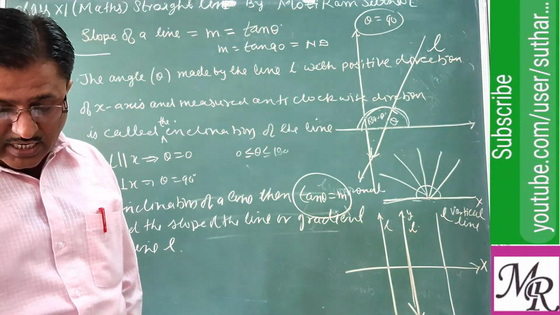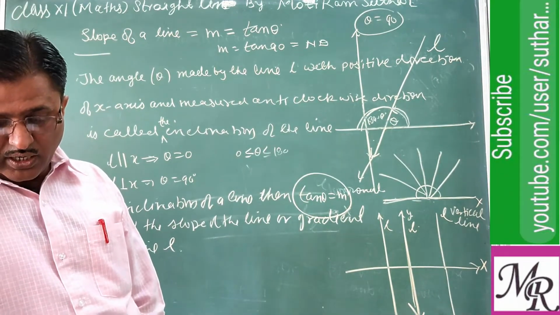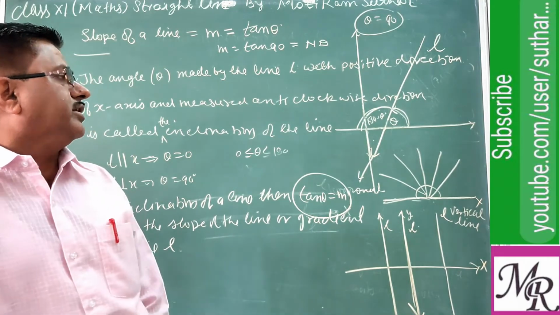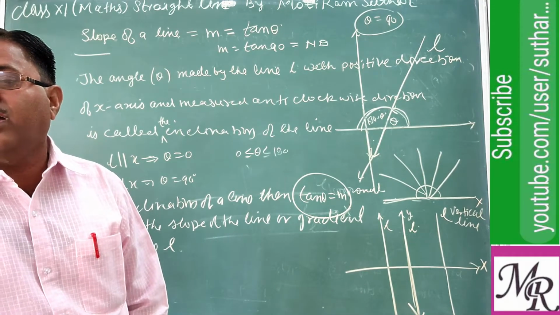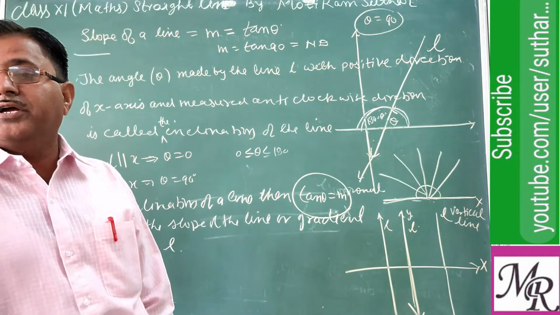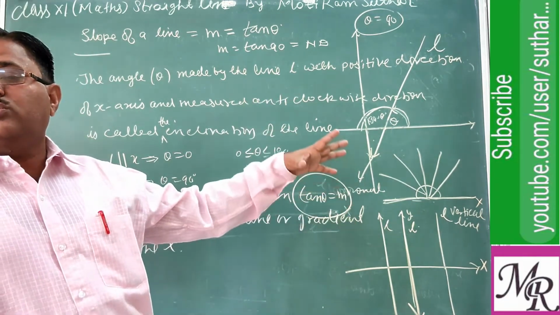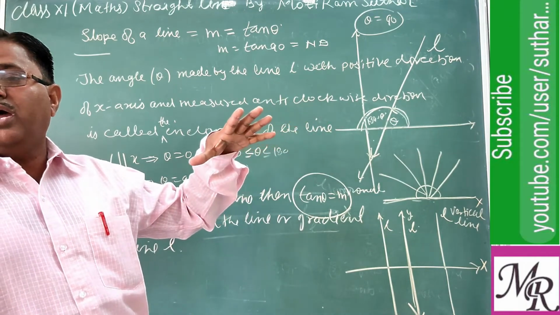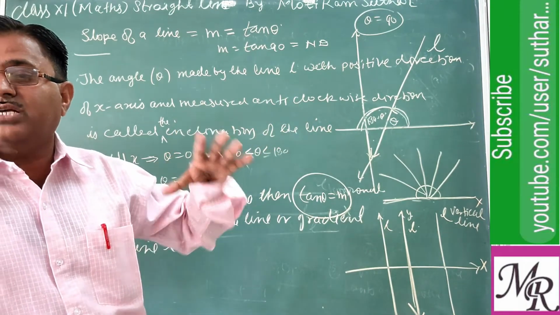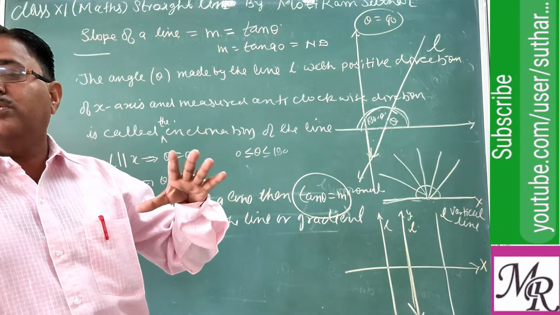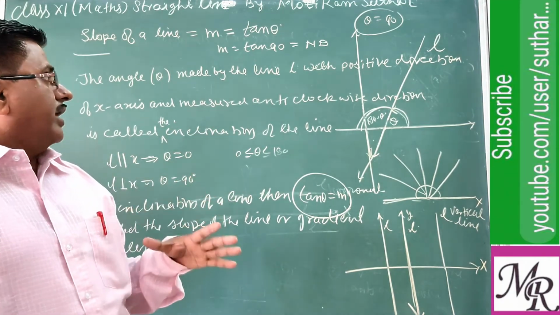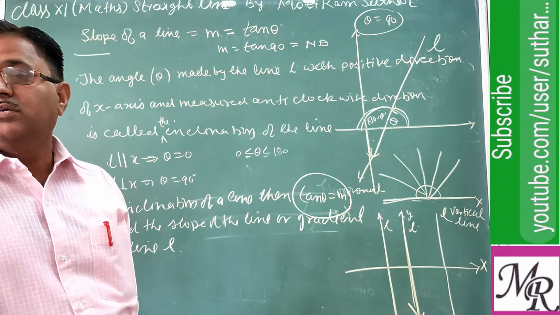So we can say the slope of a line whose inclination is 90 degrees is not defined. 90 degrees means the line is perpendicular to the x-axis. So when lines are perpendicular to the x-axis, the slope of the line is not defined.